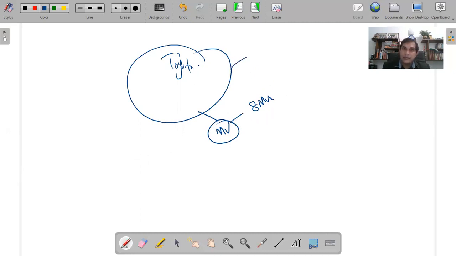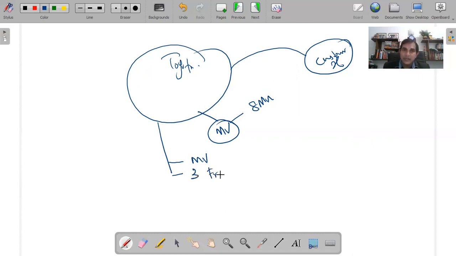There is a customer willing to buy this motor vehicle. In the agreement between Toyota and this customer, let's say customer X, Toyota should deliver the motor vehicle, and there is a clause for free service. There are 3 free services.